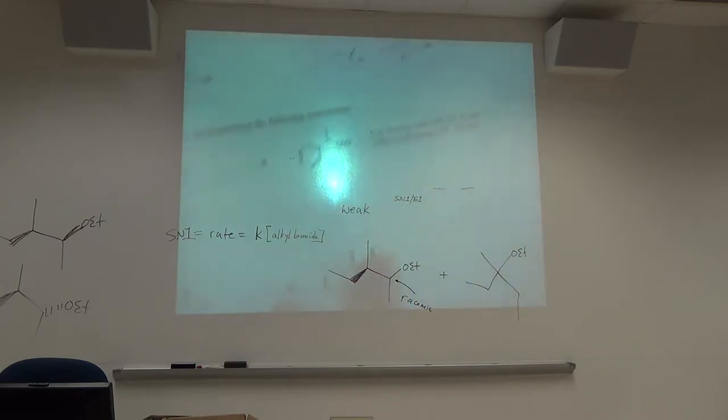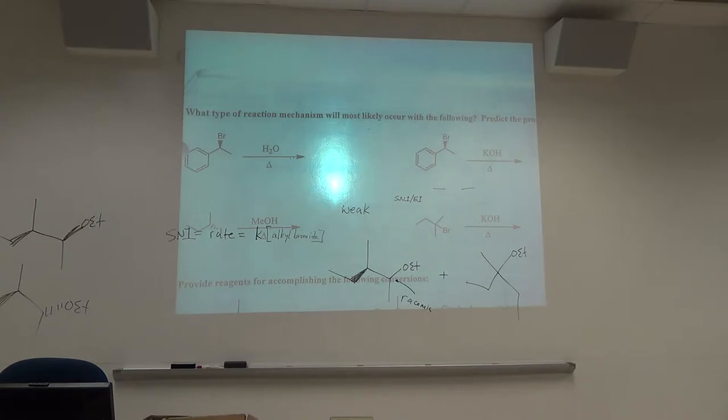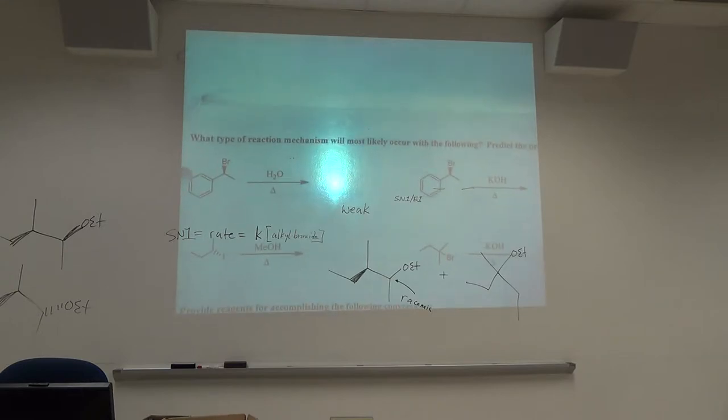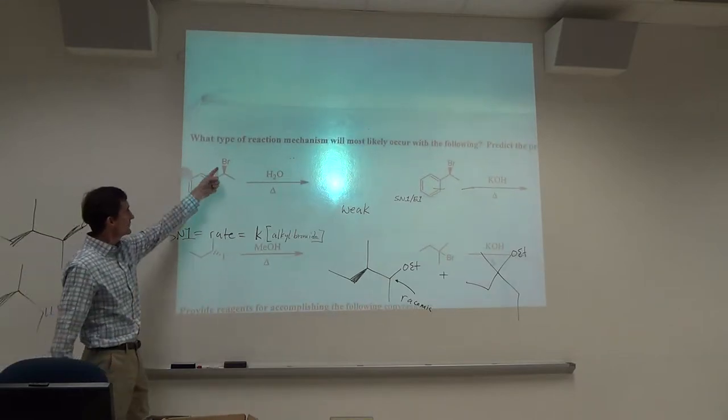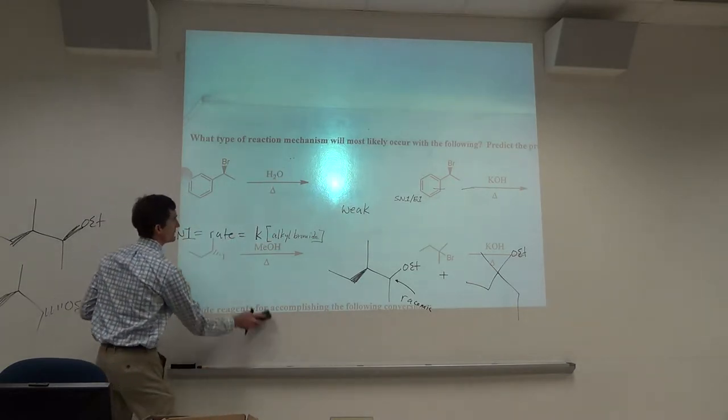Let's try some examples. What type of reaction mechanism will most likely occur with the following? Provide the product. If you take this benzylic bromide with that stereochemistry, heat it with water, what type of mechanism are we predicting?